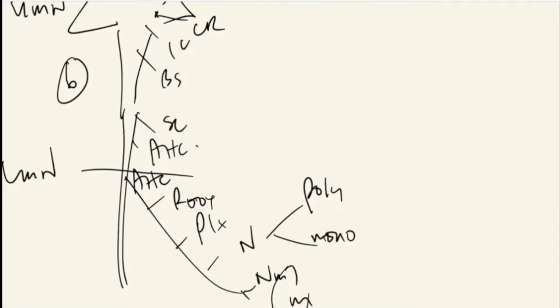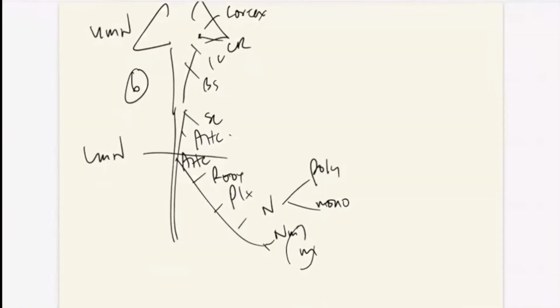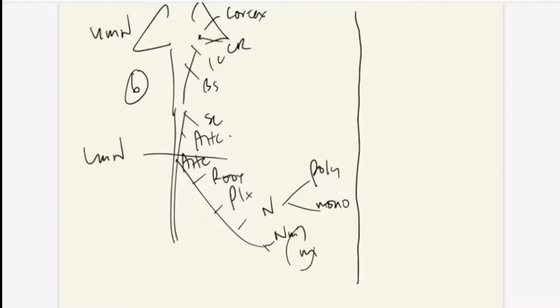So in these conditions, you will see that we are able to divide the lesion into unilateral and bilateral. So think about it, which are unilateral, which are bilateral. What we can see is that cortex lesion, corona radiata, internal capsule, brainstem, these are usually unilateral.